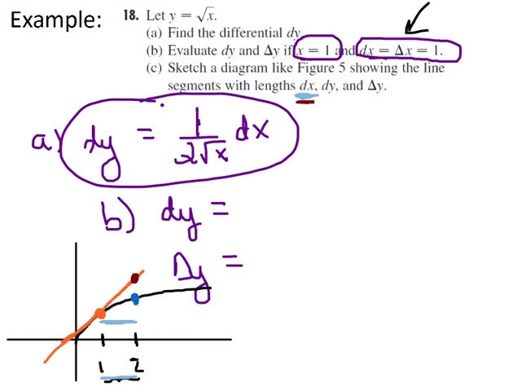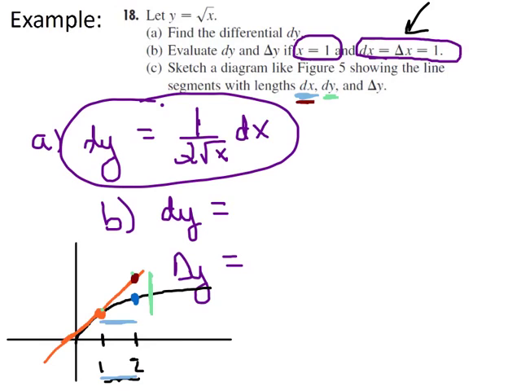Now I also want to draw dy and delta y. So dy, I'm pausing when I talk so you can try to get this yourself first. Do you know what dy is going to be? Hopefully you knew it was that, right? It is from here to here, as far as your y values go.